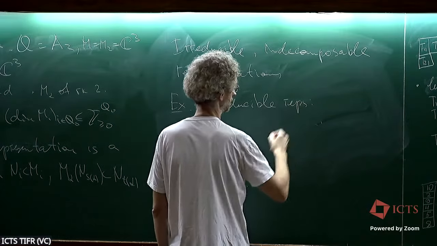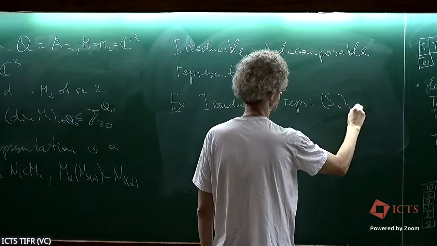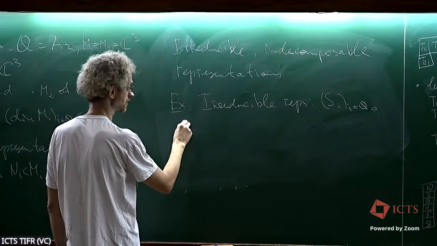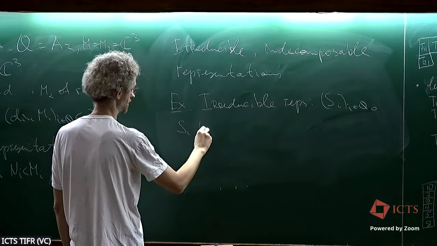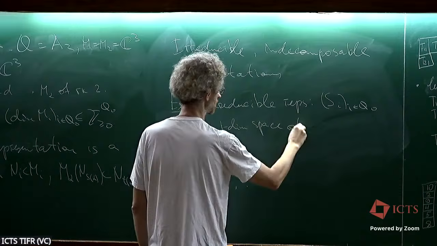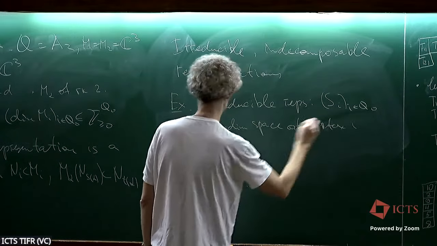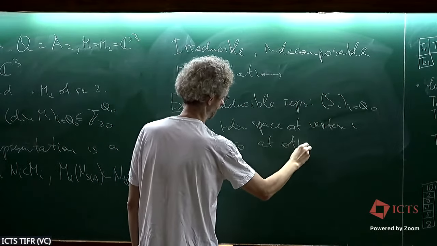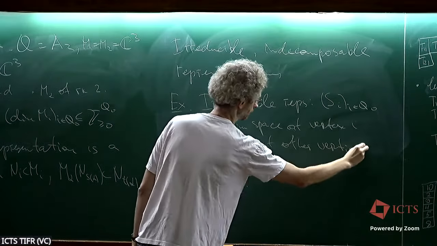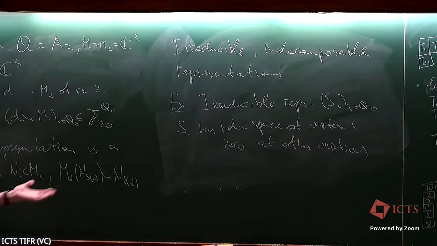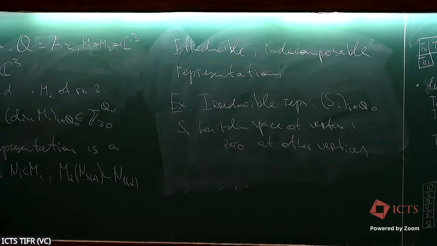They are Si, I from Q0, and they are very simple: Si has a one-dimensional space at vertex I and 0 at other vertices. Of course the maps are trivial, because these are maps from 0 to 0 or from one dimension to 0 dimension, so no choice here.